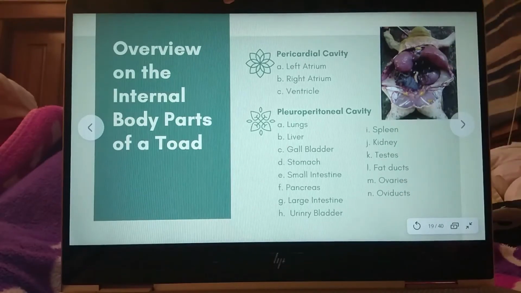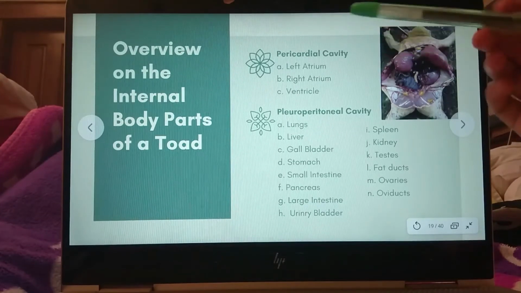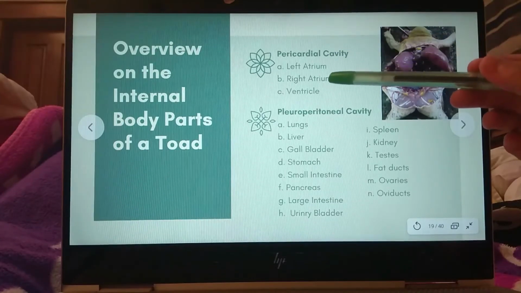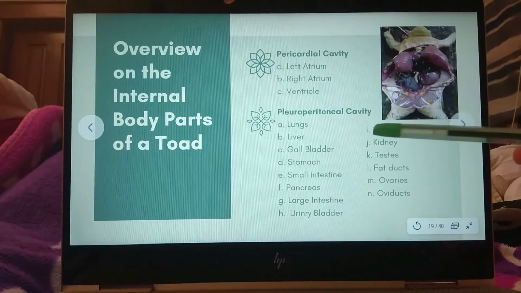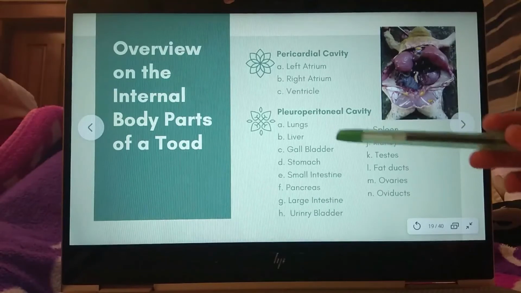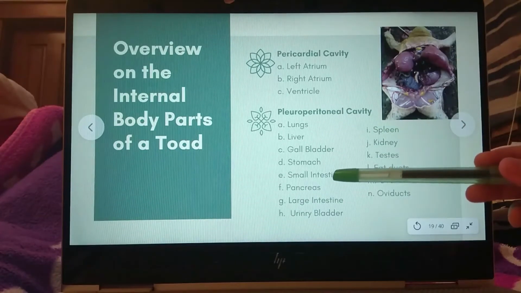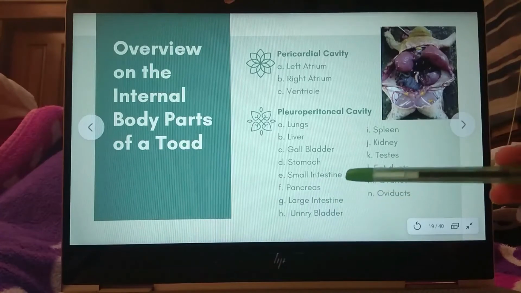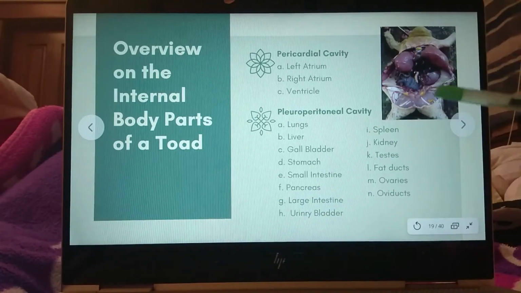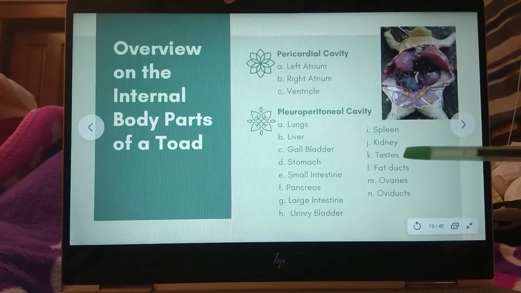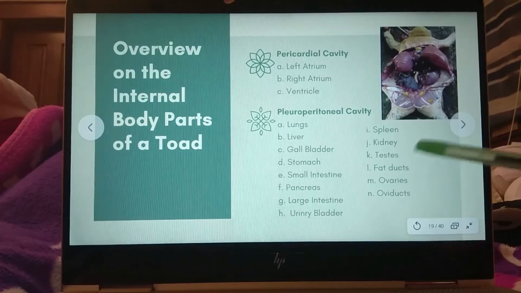Here we have an overview of the parts we will identify later. In the pericardial cavity, we have the left and right atrium and the ventricle. In the pleuroperitoneal cavity, we have the lungs, liver, gallbladder, stomach, small intestines, pancreas, large intestines, urinary bladder, spleen, kidney, testes, fat bodies, ovaries, and oviducts.